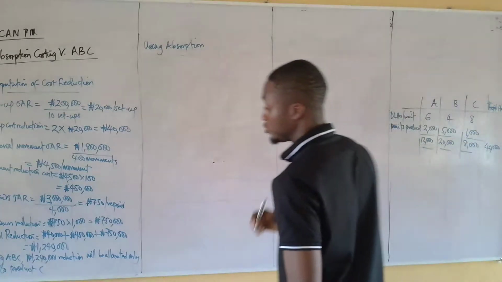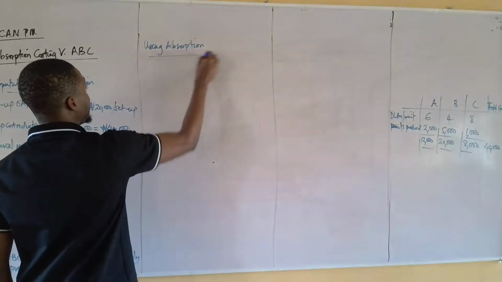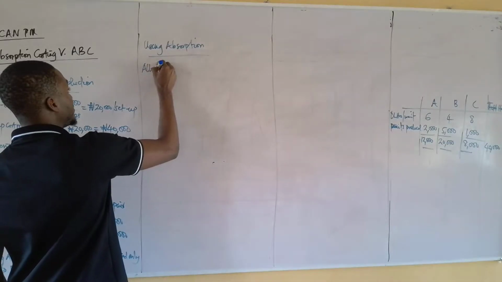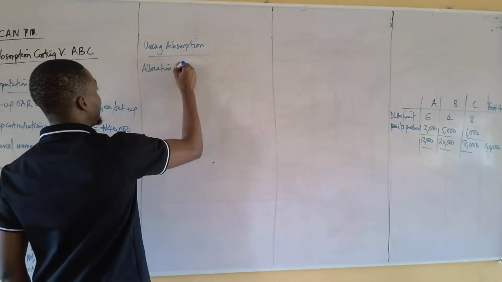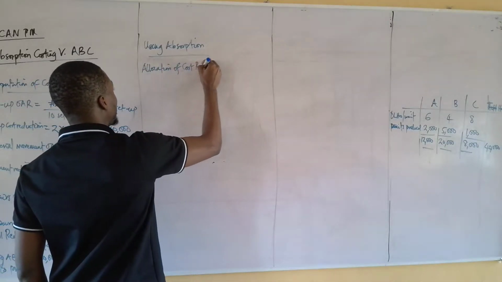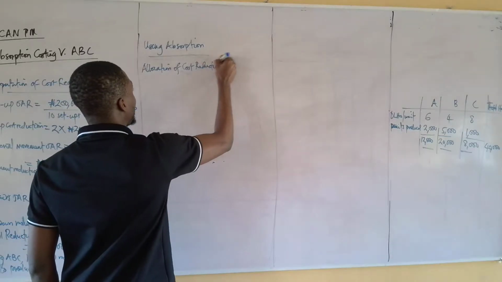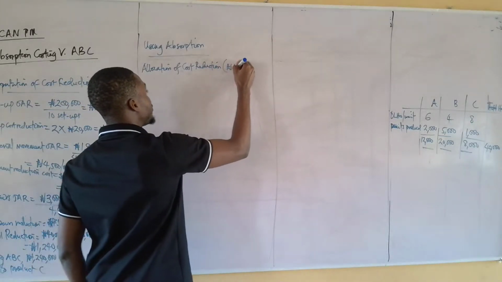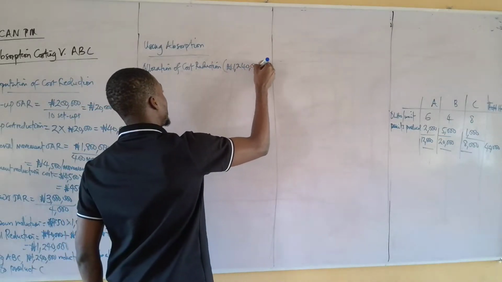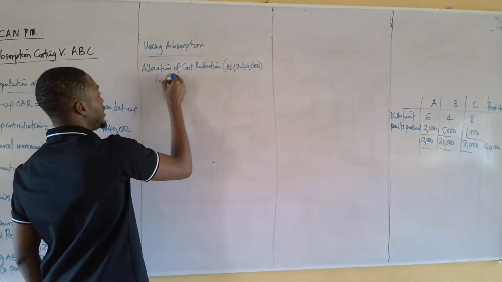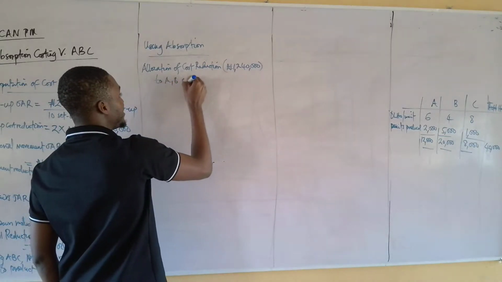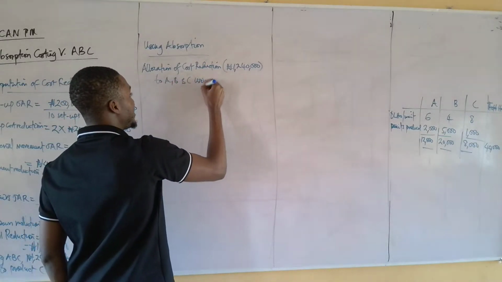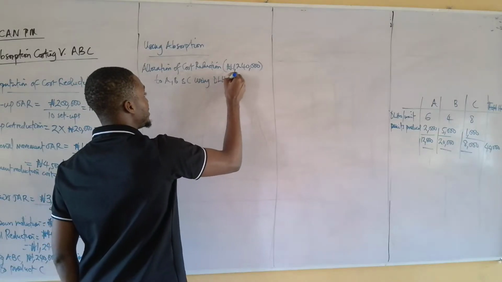So this 1,240 is an absorption allocation of cost reduction. The cost reduction in question is 1,240, Abi? To A, B, and C using direct labor hours.